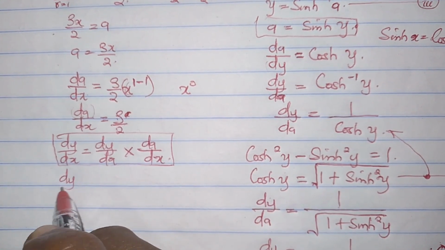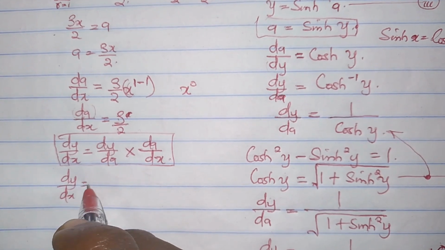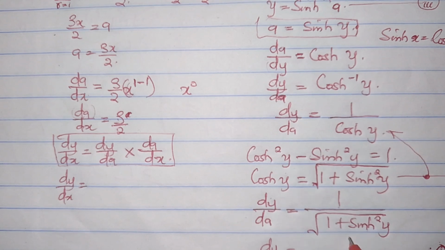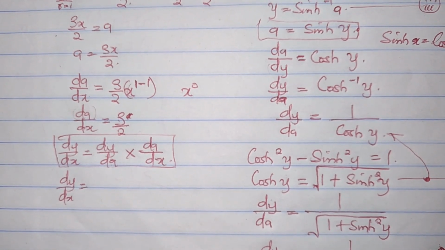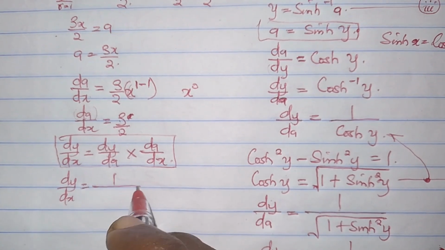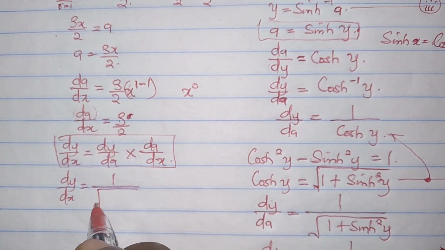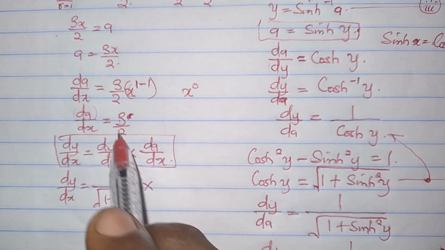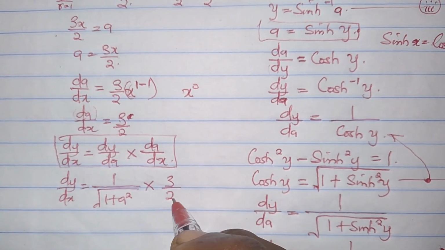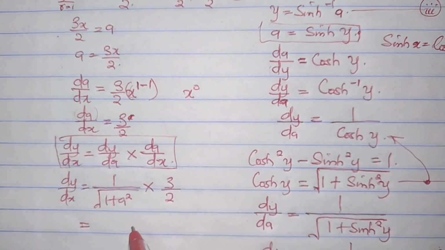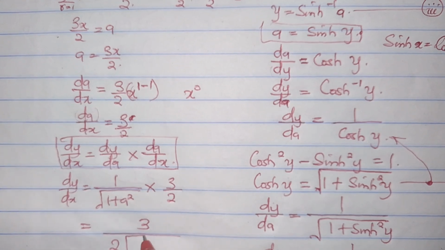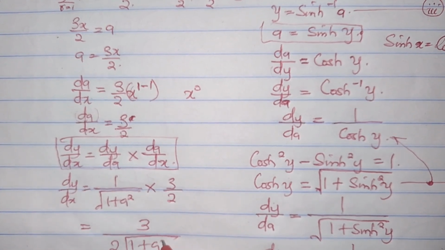So we are having that dy all over dx equals dy over dA. The dy divided by dA is the whole of the inverse of the root of 1 plus a square. So we substitute it here, and we are having 1 divided by the root of 1 plus a square multiplied by dA over dx, which is 3 over 2, and we are having that 3 divided by 2 the root of 1 plus a square.